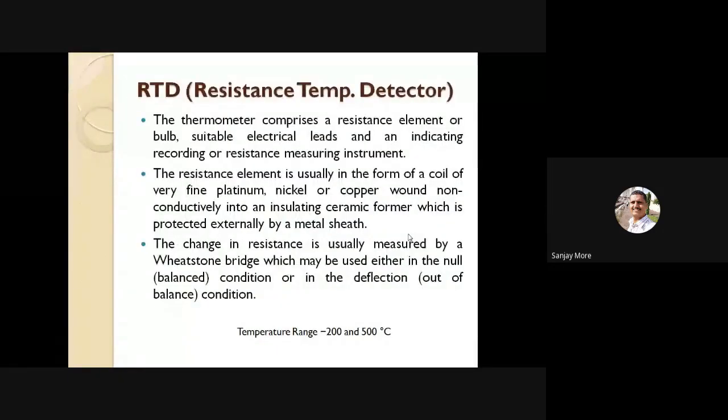Okay, so write down the description of RTD, resistance temperature detector.